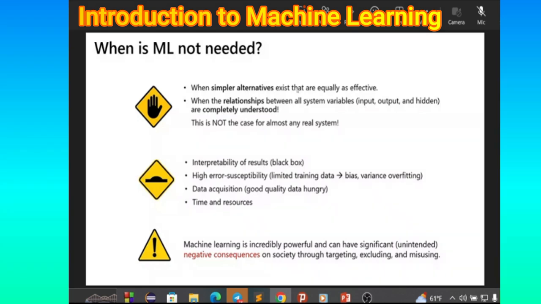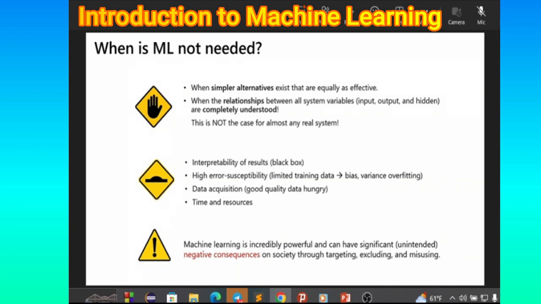In that case, you use a machine learning model. But when everything is well understood and simple, you shouldn't use a machine learning model. And the other case is if interpretability of results is not possible. Most of the time, unsupervised machine learning approaches suffer from explainability and interpretability.